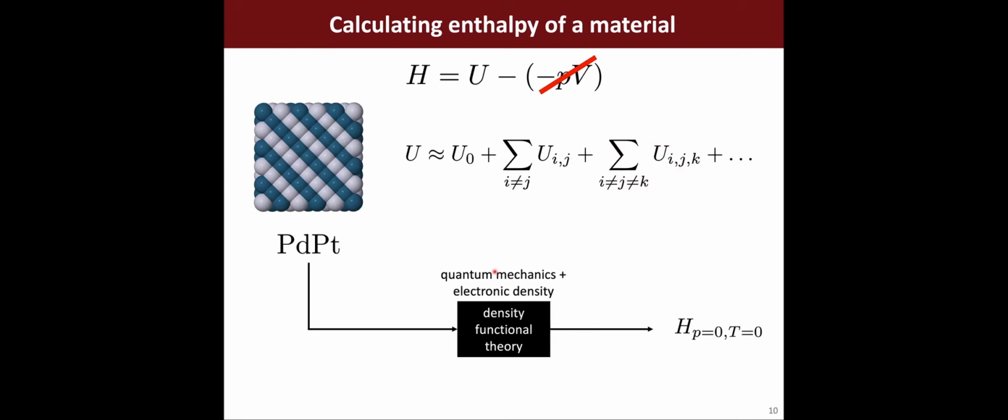But for this talk, we're really just going to treat it like a black box. We take our system, we have some sort of configuration, so we have a geometry file. We're going to have some pseudopotentials, some input settings. We run that calculation, and we're going to get an energy for this system, which is going to be the enthalpy, because we don't have any pressure or temperature in that calculation.